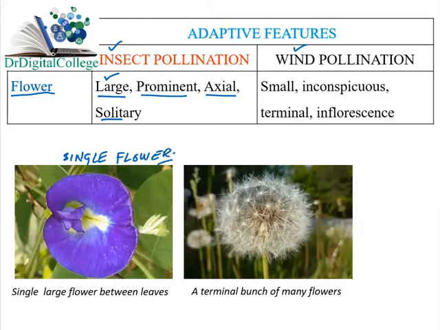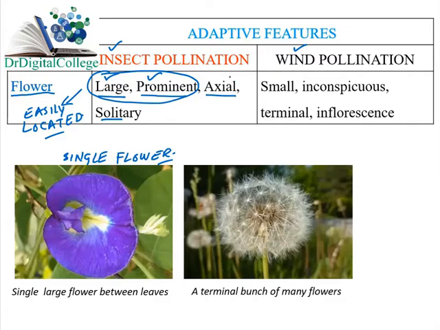And this is large size, and this is prominent, meaning it can be easily located by means of these two characters. So insects can locate them easily. Insects are living sensible agents, so they can locate it on the basis of size and prominence.